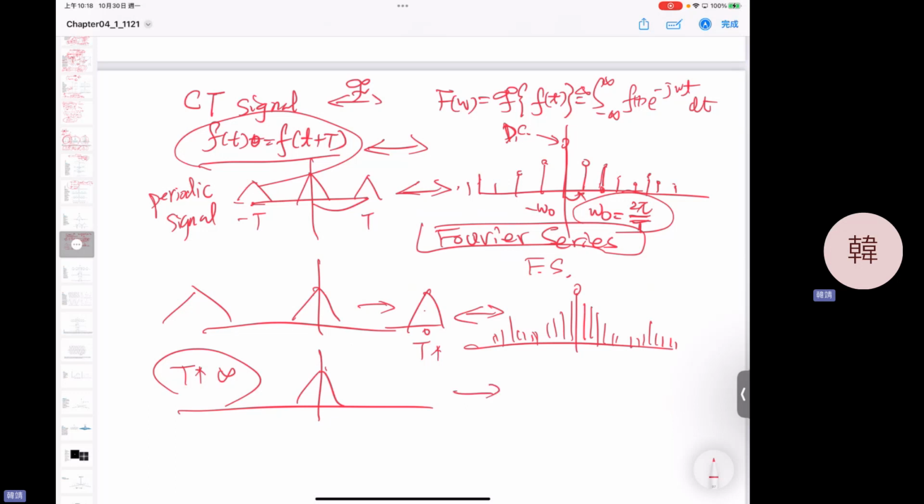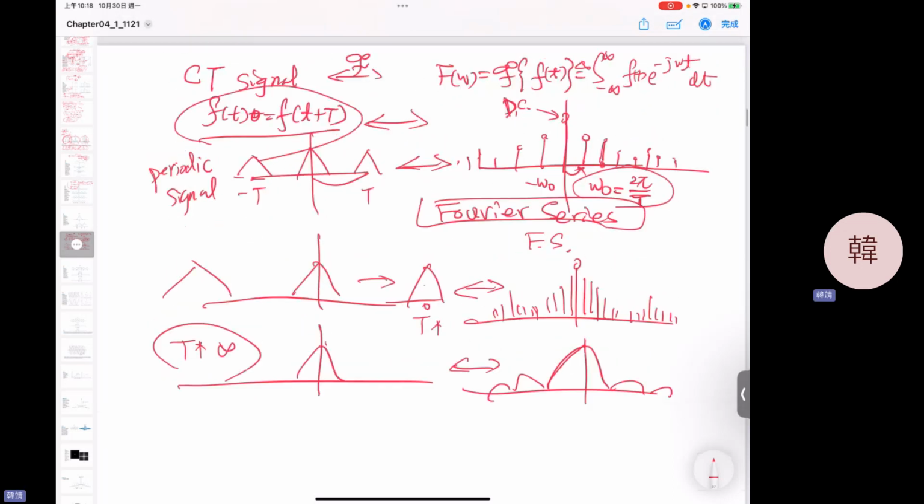It becomes a continuous spectrum, because of very high density: capital T goes to infinity, omega 0 goes to 0, so they connect together. So you have to understand our Fourier transform comes from this fundamental periodic signal.